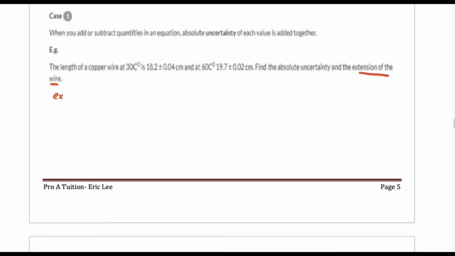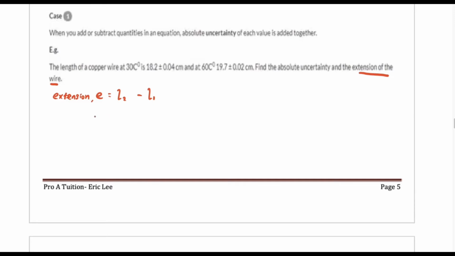Extension, let's call it E, equals the final length minus the initial length, L2 minus L1. So the formula is E equals L2 minus L1. It seems the quantities are being subtracted here. But we need to know that the absolute uncertainties we add up.